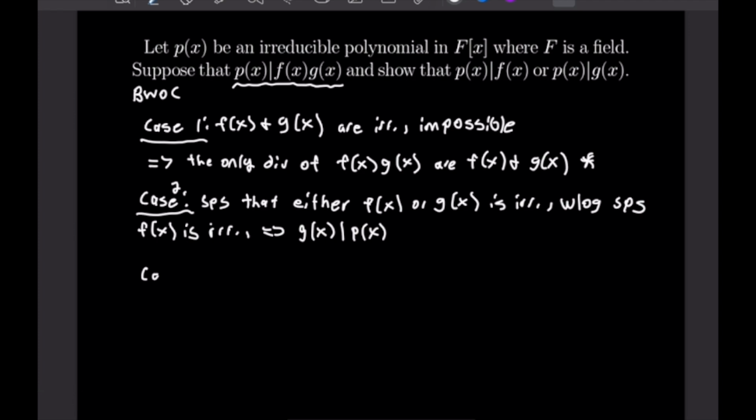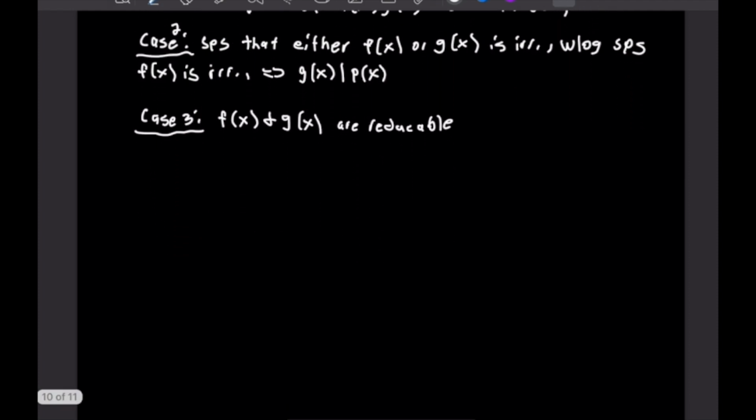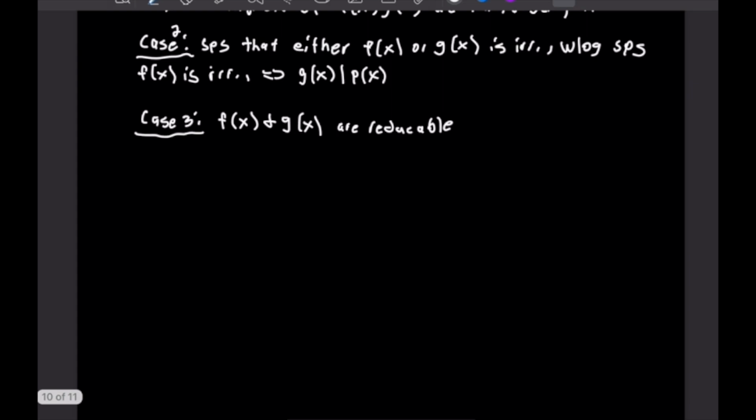And so let's lastly look at case 3. And case 3 is f of x and g of x are both reducible. So if f of x and g of x are both reducible, then we can write them in the following way: as a product of their factors.